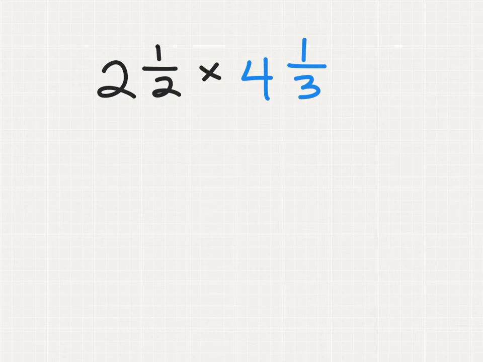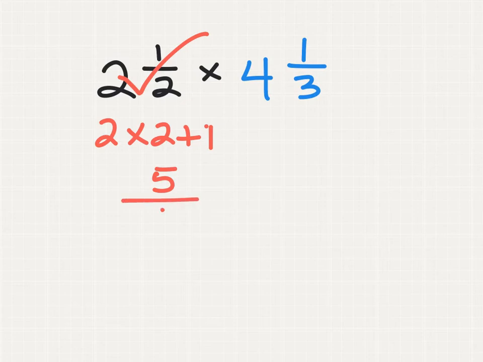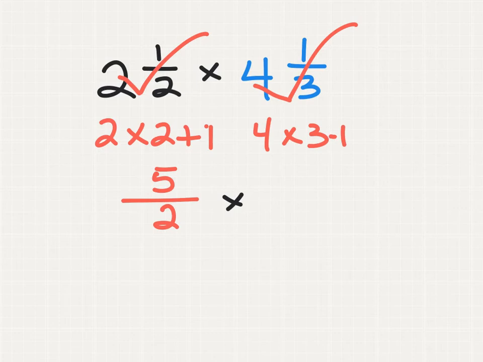I'm going to use the check method. 2 times 2 plus 1. That gives me 5. And I put that over my original denominator. Times 4 times 3 plus 1. 4 times 3 is 12 plus 1 is 13.